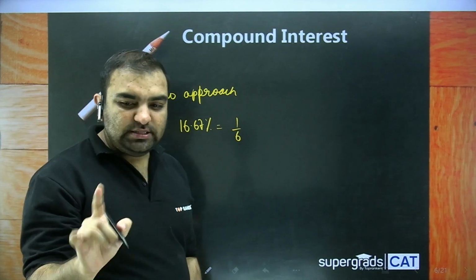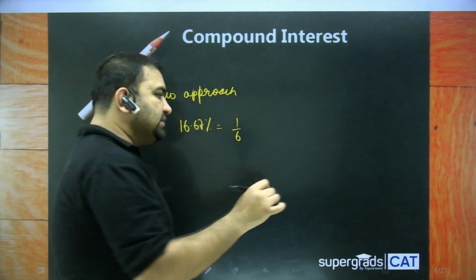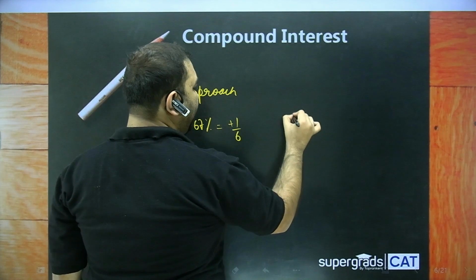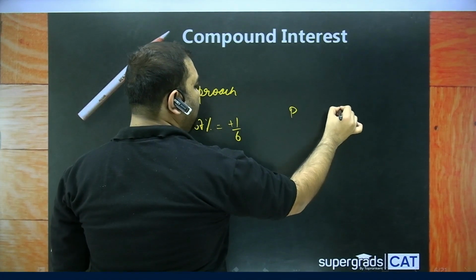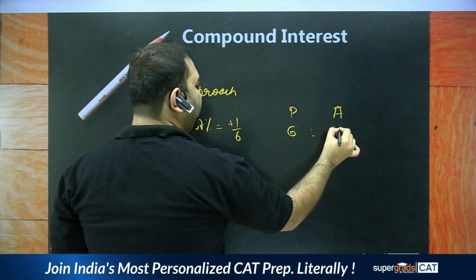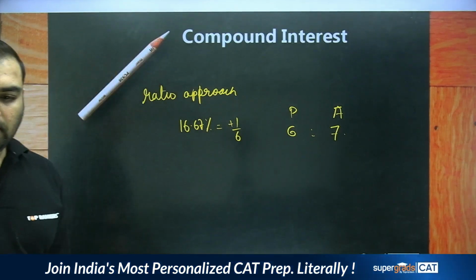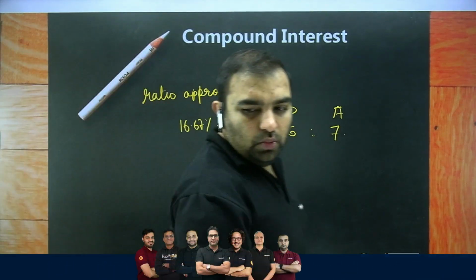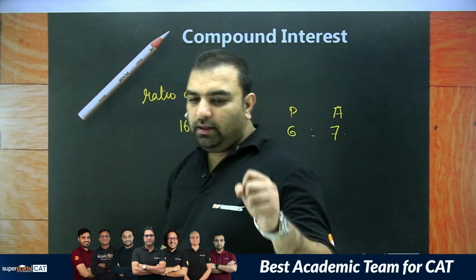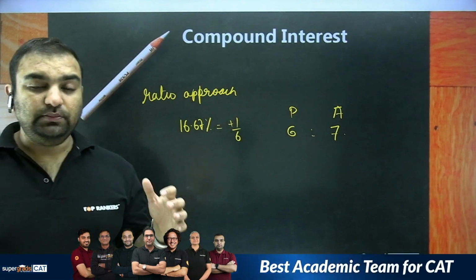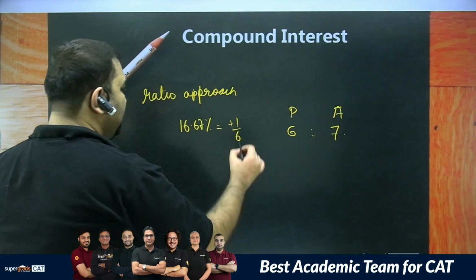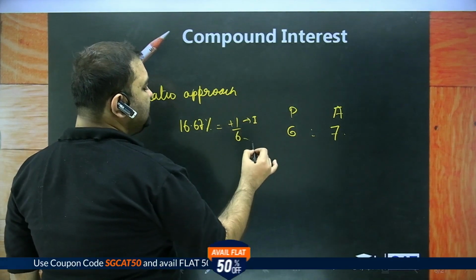If compounding is done annually, then principal of 6 will become amount of 7 after 1 year. What does the ratio approach say? If the rate is 16.67, there would be an interest of 1 over the principal of 6.